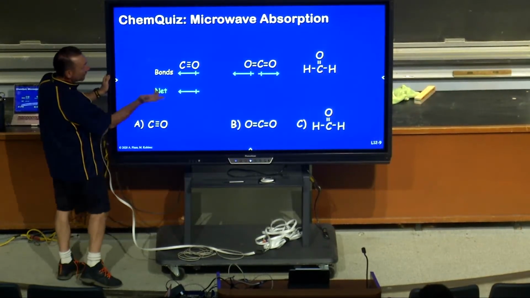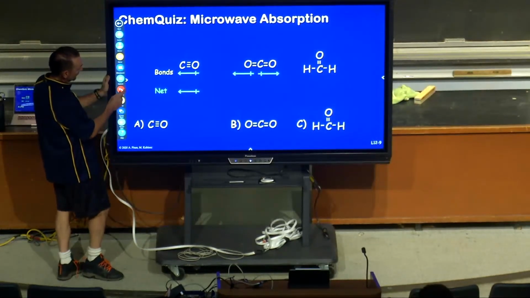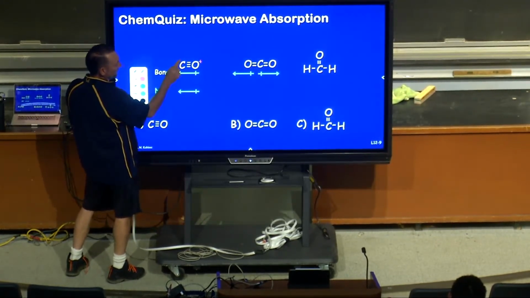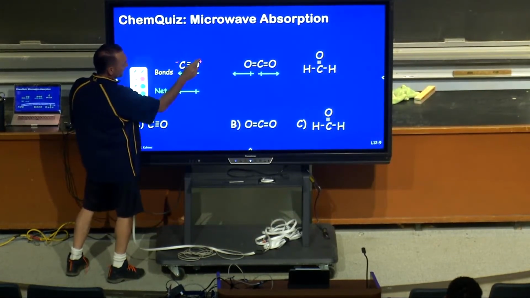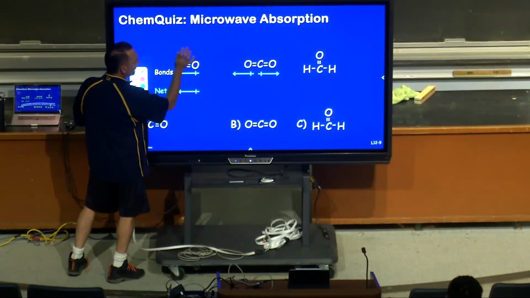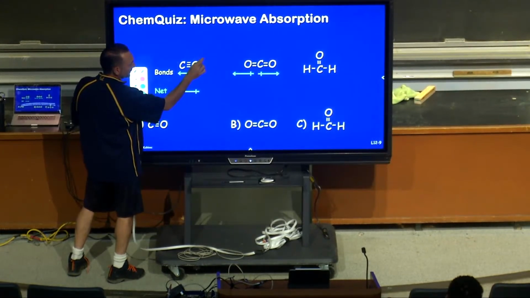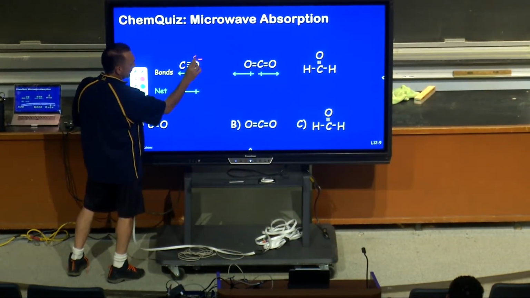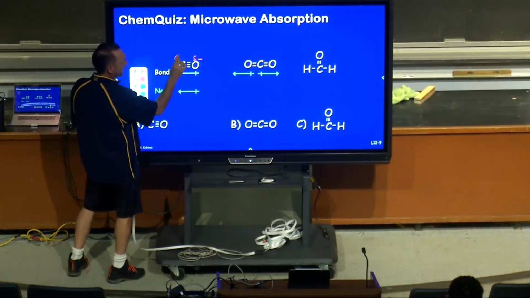You guys might not have even noticed, but the oxygen is the more electronegative element. So this is the little positive end, and this is the more negative end. Electrons spend more time over on this side, a little delta negative there and a little delta positive here.